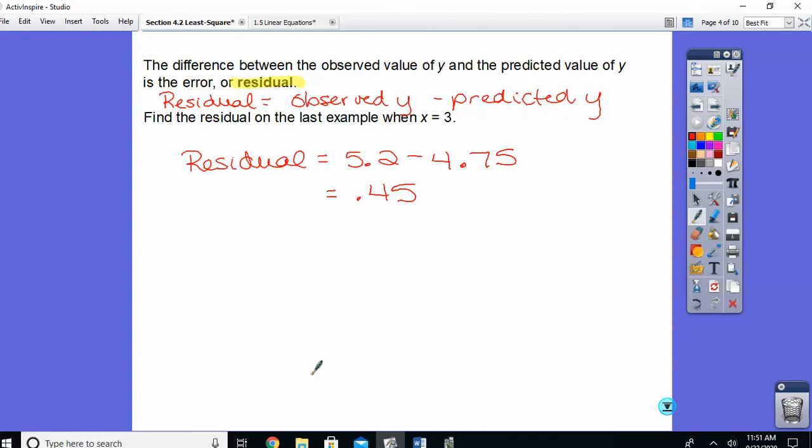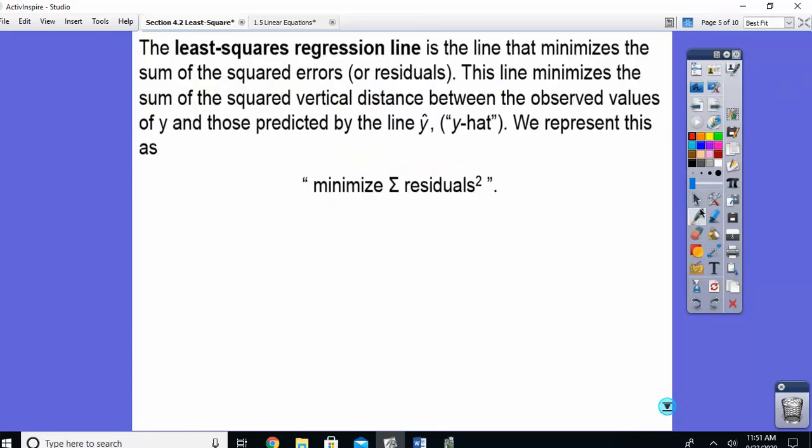Okay, so we want to come up with a better line than what we did right there. The actual least squares regression line, if you look in your book, it's a really wordy definition. But a least squares regression line just minimizes the error. You want your line to be as good as possible, so you want as little error as possible.